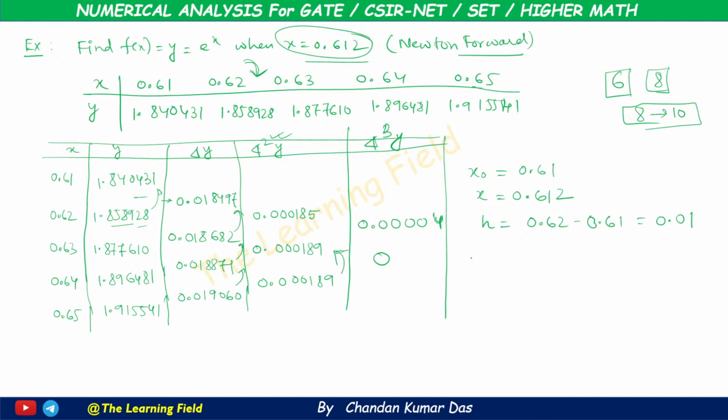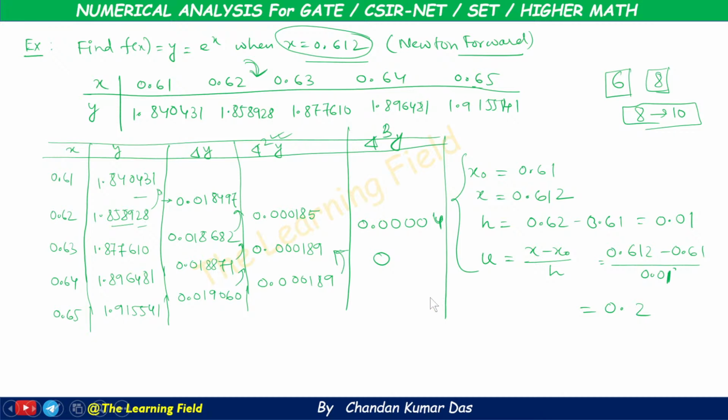Then u equals x minus x0 divided by h, which is 0.612 minus 0.61 divided by 0.01, and this is equal to 0.2. So these are the quantities needed in the formula.